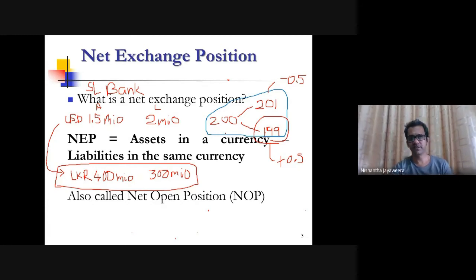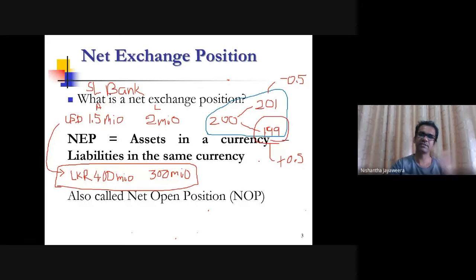So what matters ultimately is the difference between assets and liabilities. That amount is sensitive 1-to-1. For 1 unit of exchange rate appreciation or depreciation, profit or loss would change by the net open position times 1.